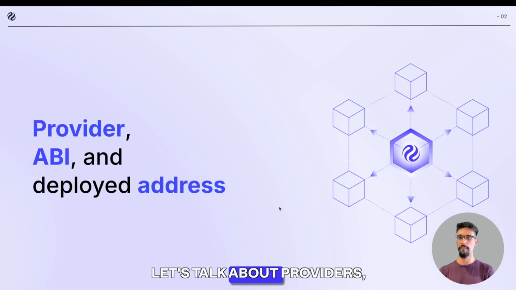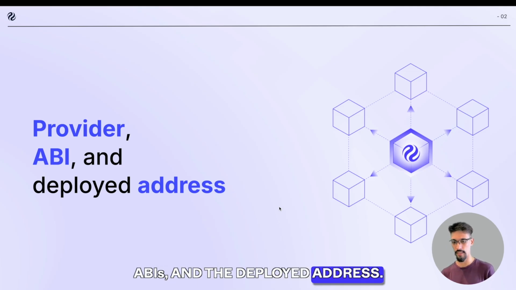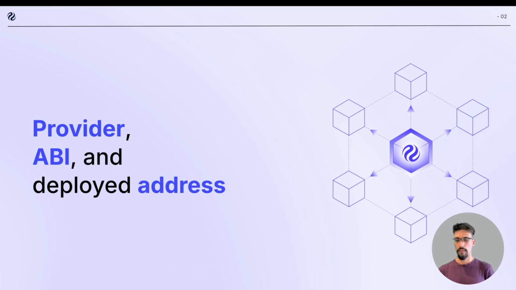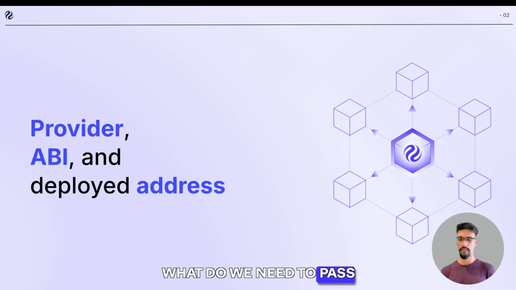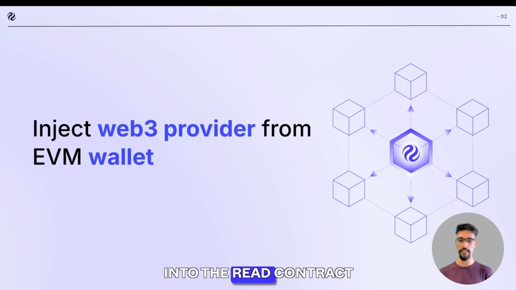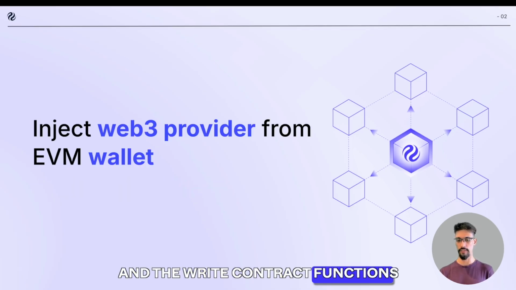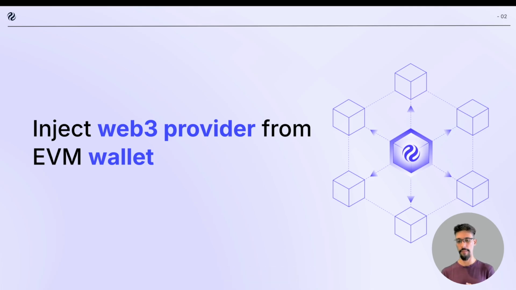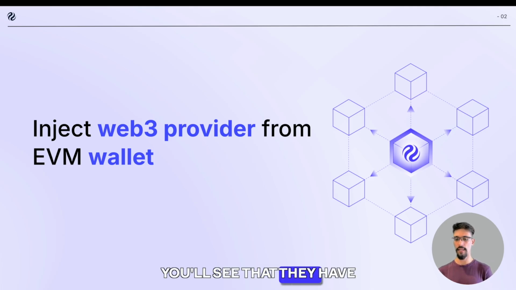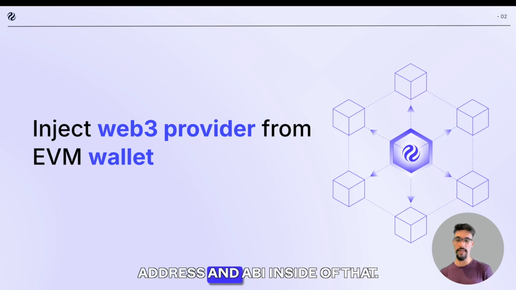Let's talk about providers, ABIs, and the deployed address. What do we need to pass into the read contract and the write contract functions that are provided by viem? You'll see that they have address and ABI inside of that.